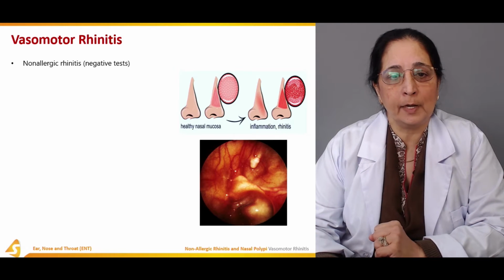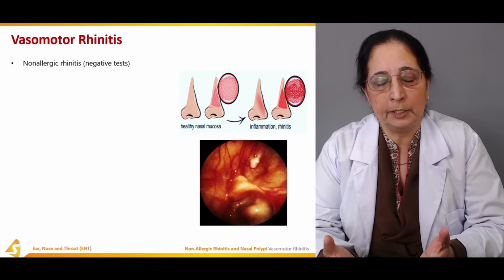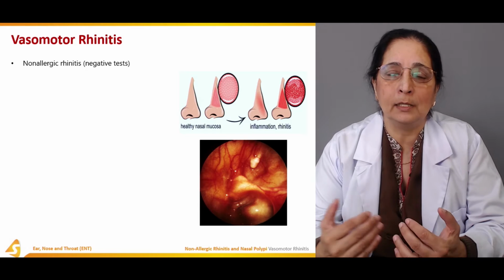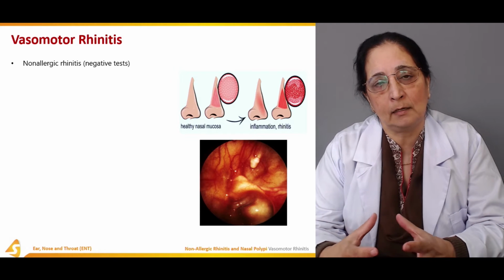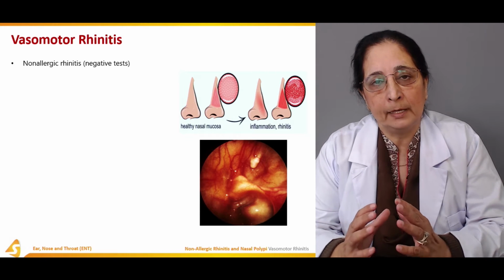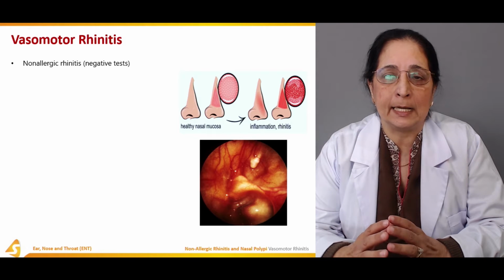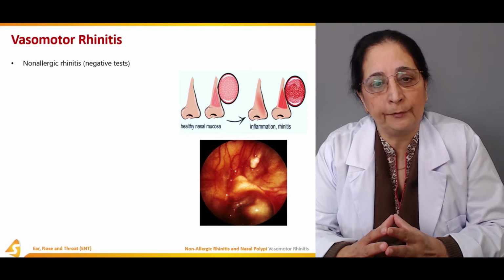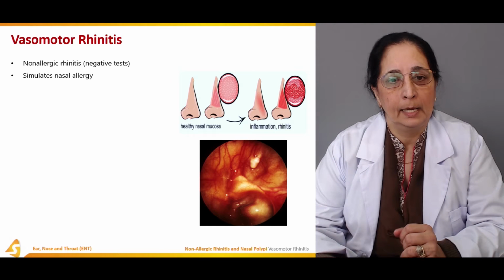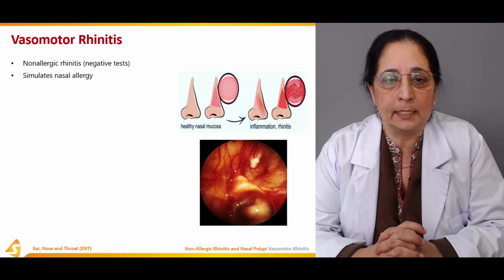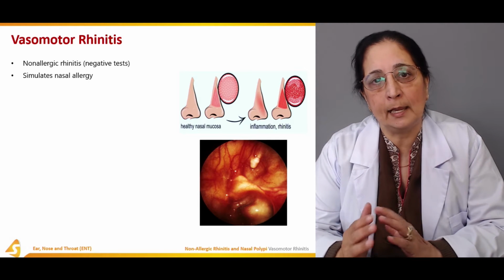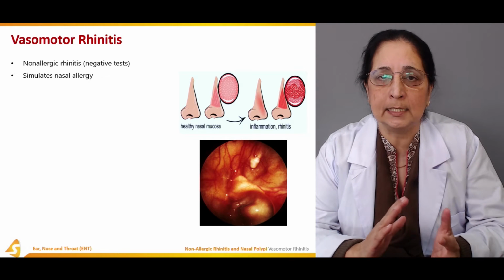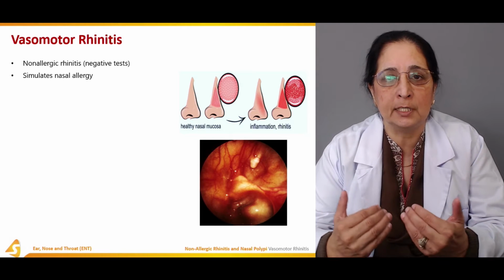So vasomotor rhinitis is a non-allergic type of rhinitis. All the allergy tests are negative in vasomotor rhinitis because it's the non-allergic type. Usually it simulates the same nasal allergy signs, symptoms and presentations.